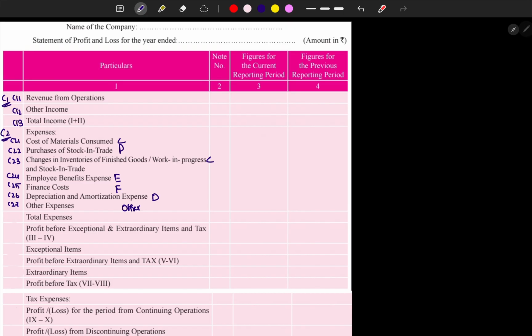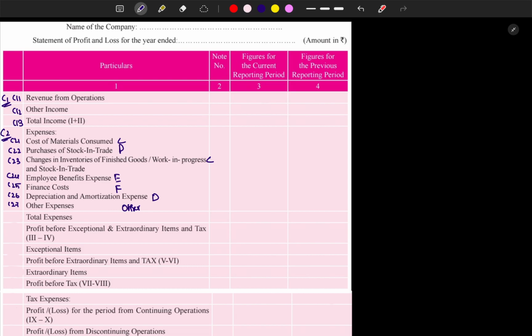So cost of material consumed, and the purchase of stock in trade, changes in inventories of FG, WIP and stock in trade, employee benefits expenses, finance costs, depreciation and amortization expense, and other expenses. These are all the expenses that we are going to consolidate here, and this is the total expense part.